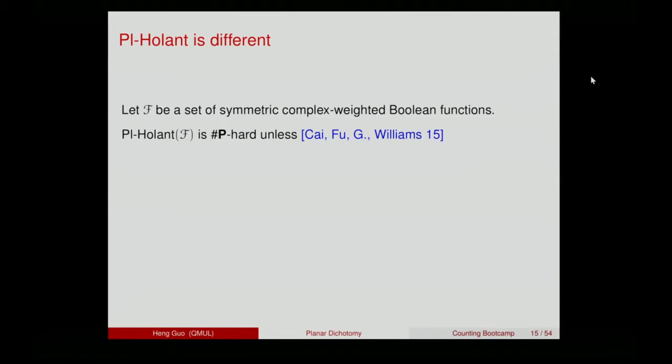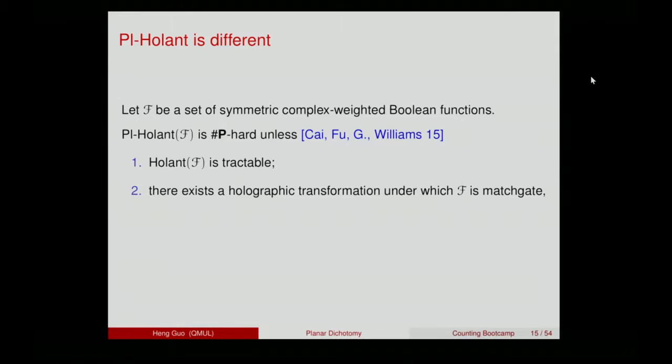And we show that this problem is #P-hard unless one of the cases will happen. So the first case is that it's tractable even in general graphs without a planar restriction. The second kind is there exists a transformation such that it becomes a match gate. So that means it's solvable by holographic algorithms.